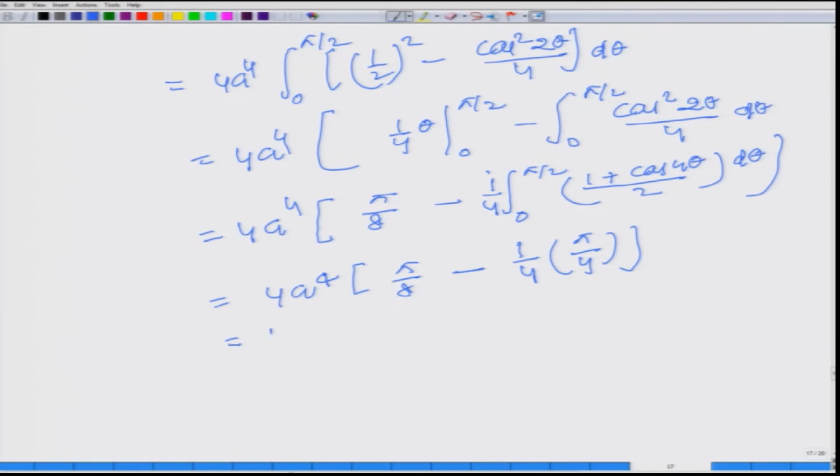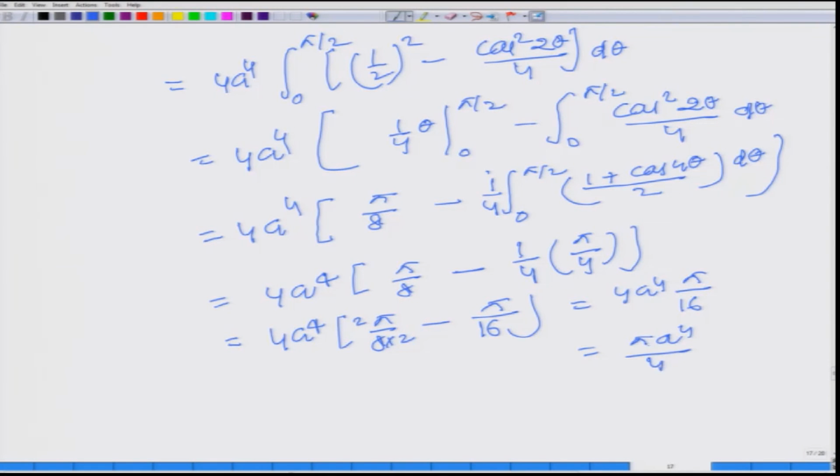So, this would be 4 a to the power 4 times pi by 8 minus pi by 16, which is 4 a to the power 4 into pi by 16, which is pi a to the power 4 by 4.